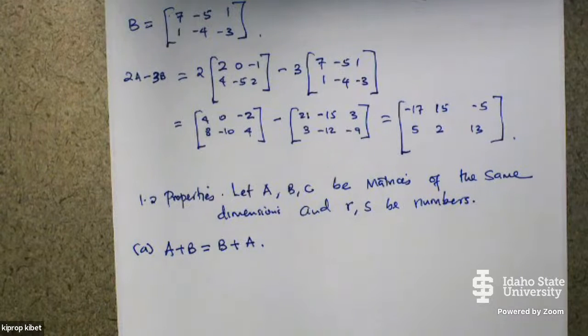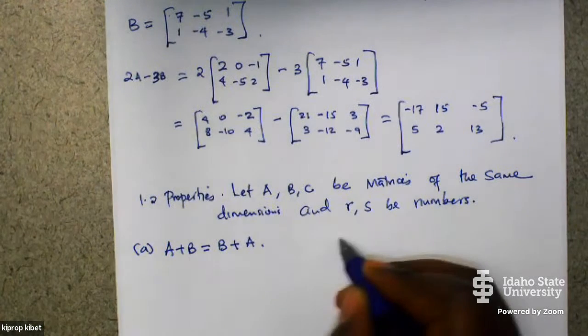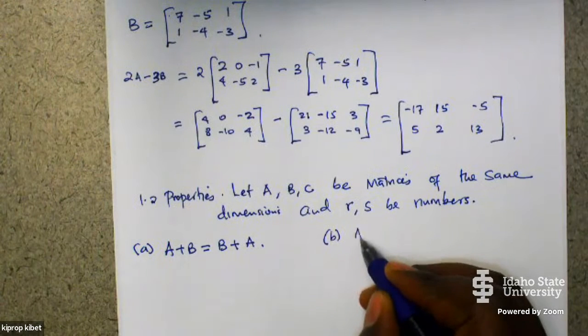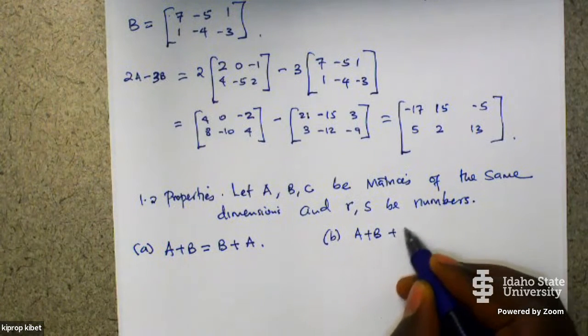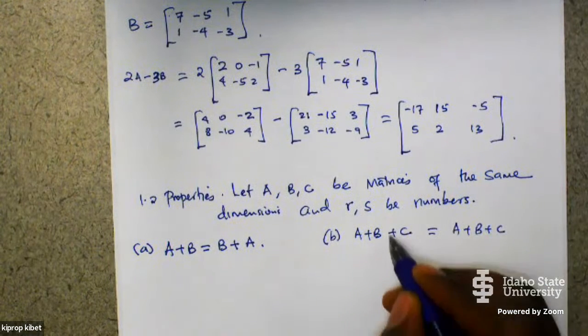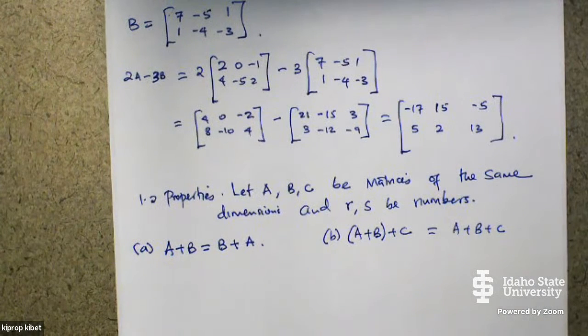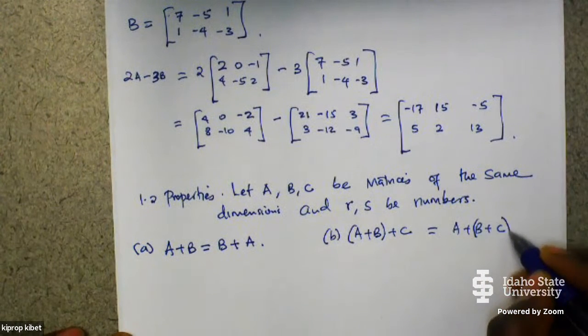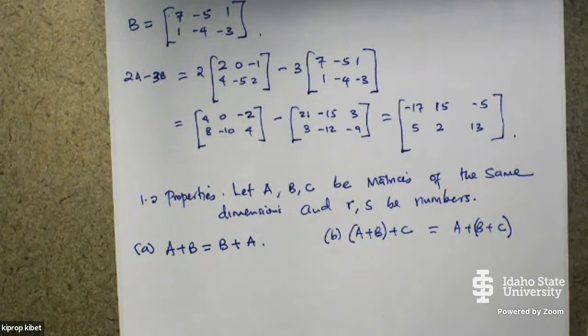You can either add A plus B, or B plus A. They are equal. Property number 2: A plus B plus C is similar to A plus B plus C with different grouping. We can add A plus B and then add C, or we can add B plus C and then add A. They are equal.